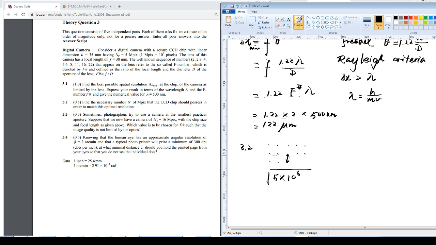That's how many points in each direction, times, well, we need to solve for n.